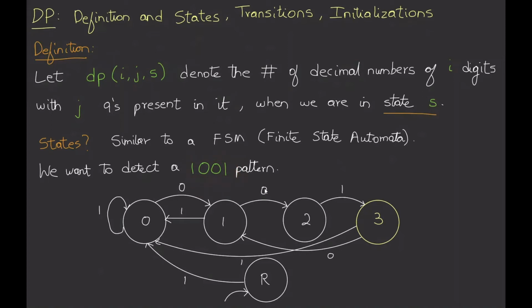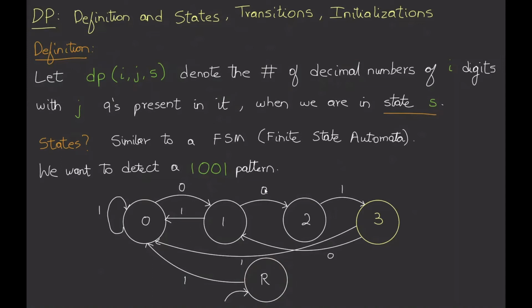So when is a 1001 going to happen? Let us say initially we have these circles over here which denote the states in which we can be present. This arrow indicates that we are initially present in this state.